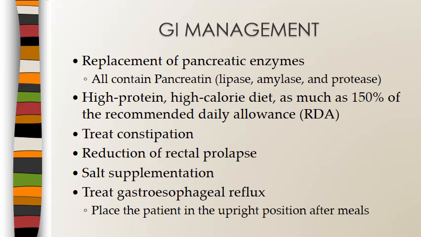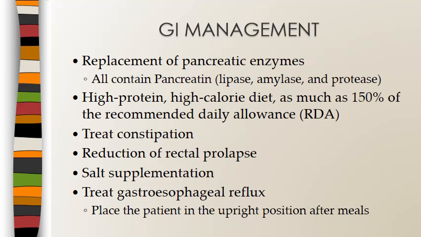Depending upon whether they're eating a meal or a snack will depend upon how many of the pancreatic enzyme replacement pills that they will take. These children need a high protein, high calorie diet, and they will take in as much as 150% of the recommended daily allowances for diets of children that are of similar age.